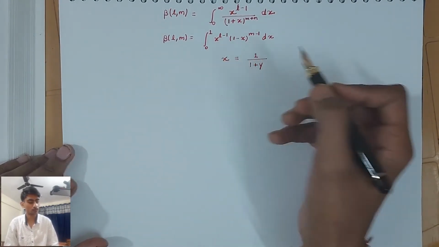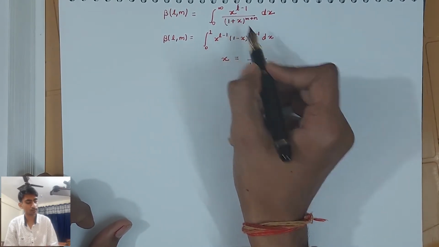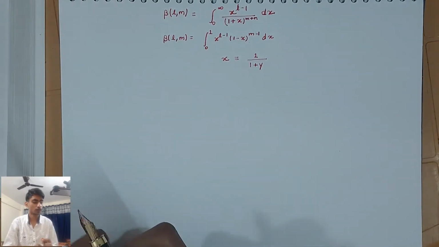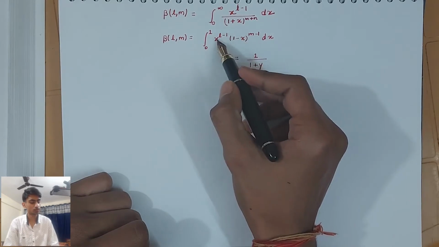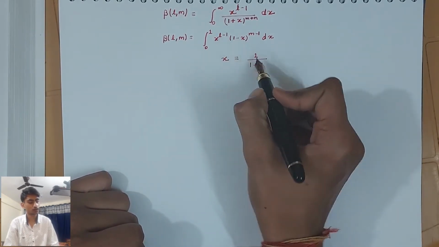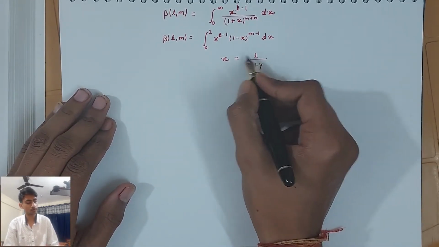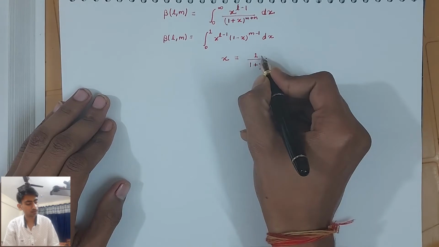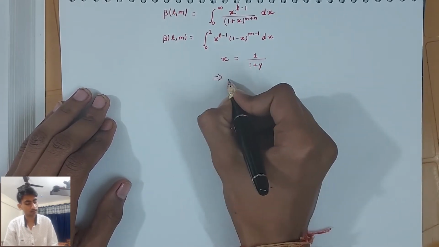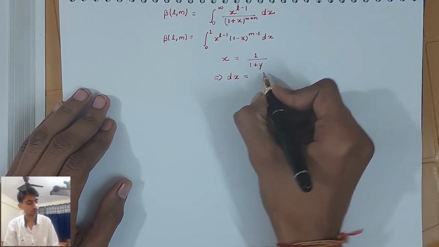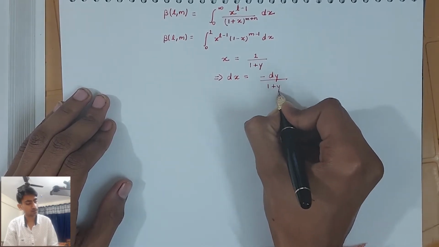We can see that there is a 1 plus x term in the denominator. In the standard definition of beta function there is no such variable, so I am trying to create that kind of variable over here. So let's start with this substitution. If x is 1 by 1 plus y, then this implies that dx is equal to minus dy by 1 plus y squared.